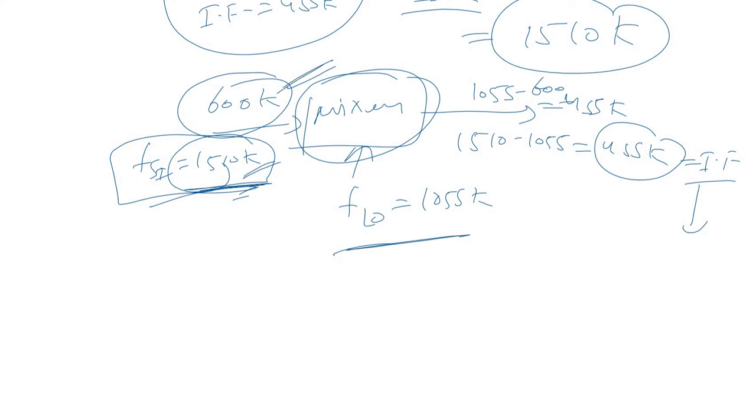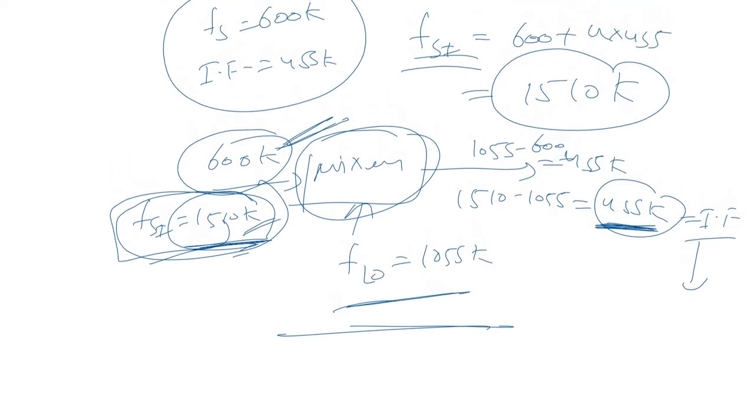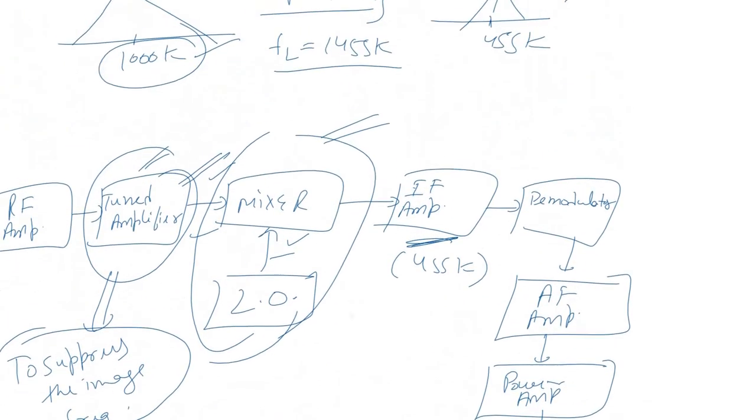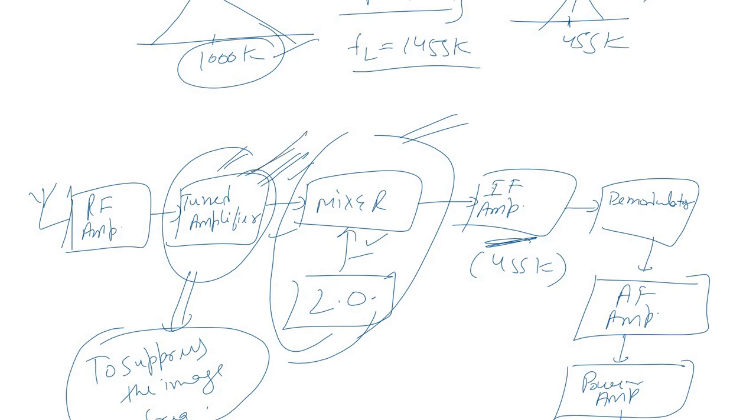So for a given input signal there always exists an image signal frequency that is undesired, still it manages to pass because it also gets down converted to 455 kilohertz, and that is further easily passed through the entire chain of blocks, right? This is obviously a drawback. So to suppress this image signal frequency, we use a tuned amplifier.